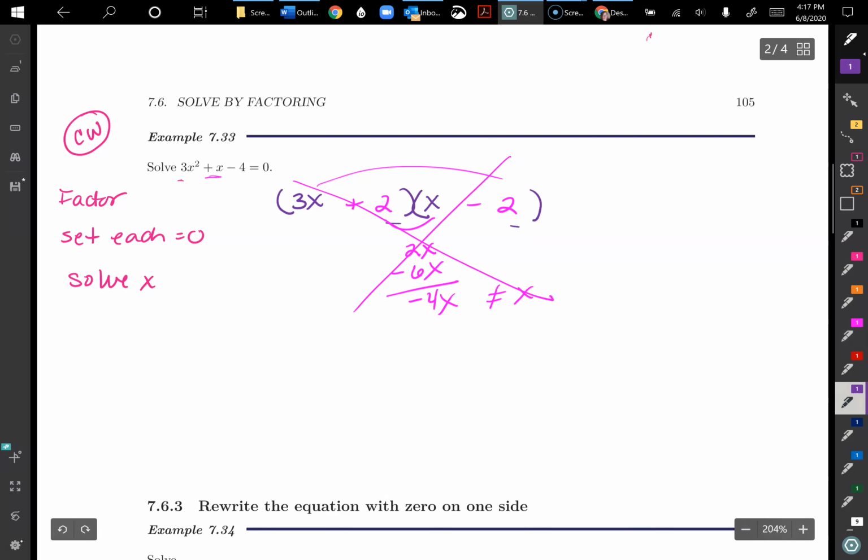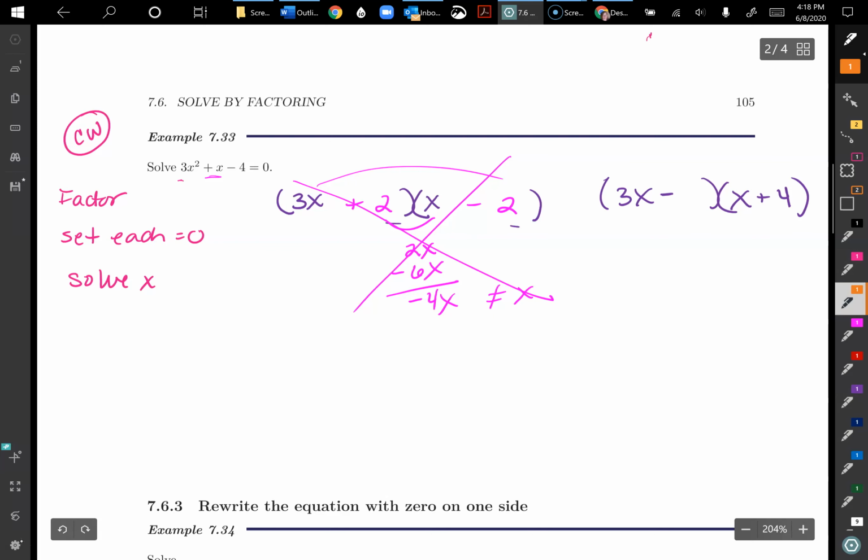Okay, let's try again. Let's do 3x times x. This tells me I need the numbers to be further apart. I have opposite signs, so I'm going to try a minus 1 and a positive 4. Just looking at this, I know 12x minus 1x is way too big.